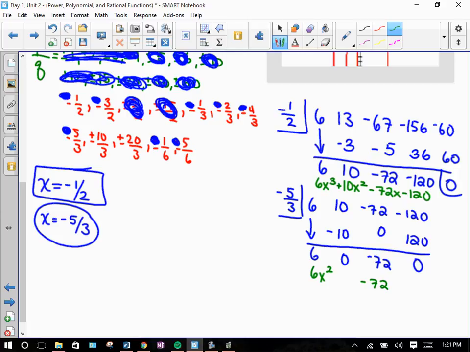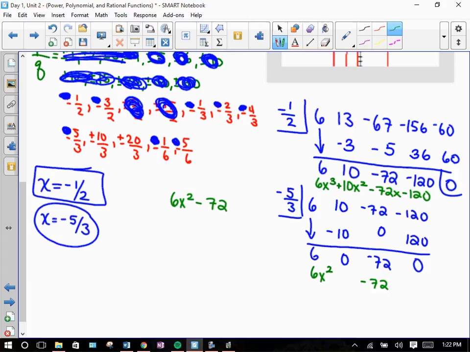Once you get to a quadratic expression, right here, we're done with that other stuff. Alright, so we're done with the division. You have 6x squared minus 72. The reason we're done is because if we get down to a quadratic function, and any of these other things are zeros, we'll be able to factor this and actually get the answer quicker.